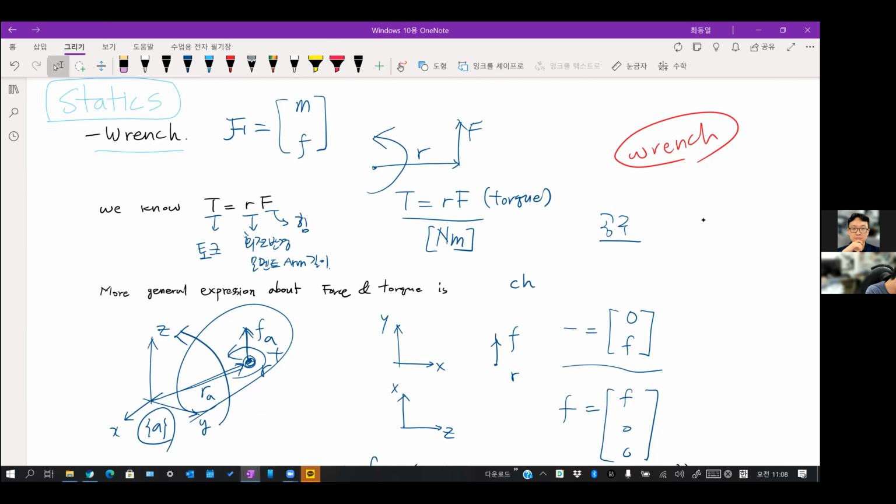So the torque T equals the moment arm length multiplied by force.